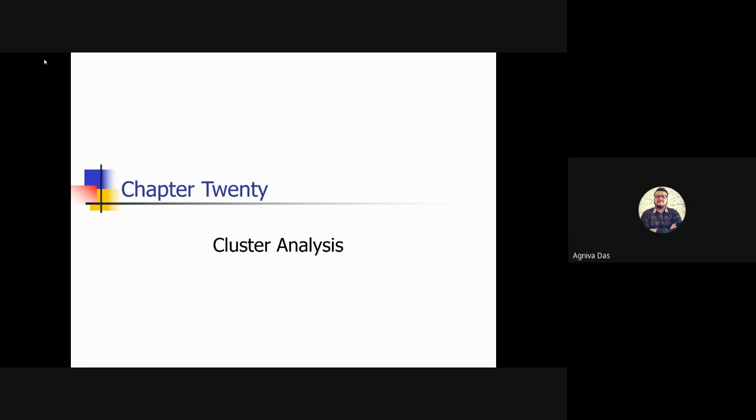Keeping that in mind, there are many ways in which this is done. We'll be looking at 2 major methods. One is the hierarchical clustering method, and second we will look at the k-means procedure, which is a non-hierarchical method.